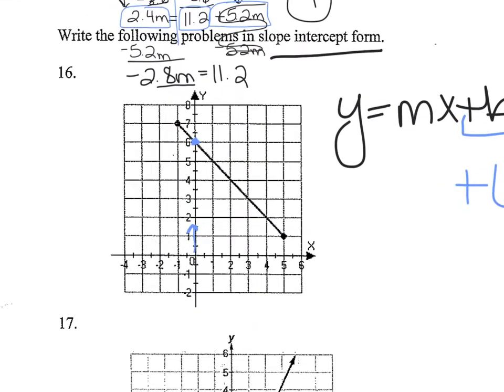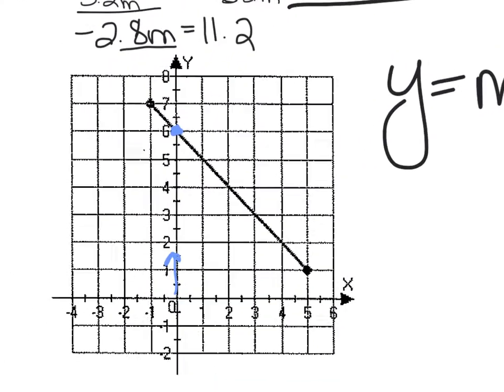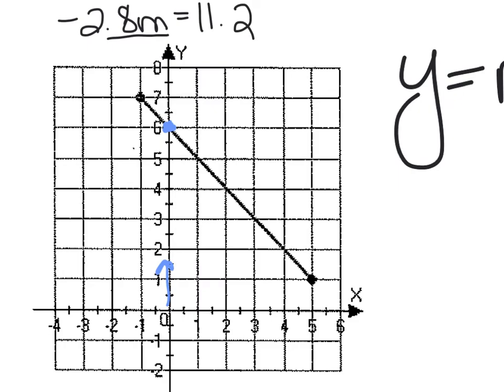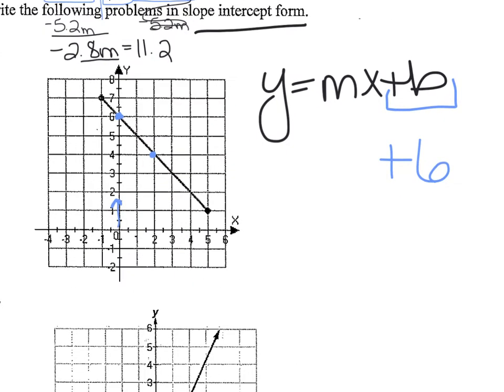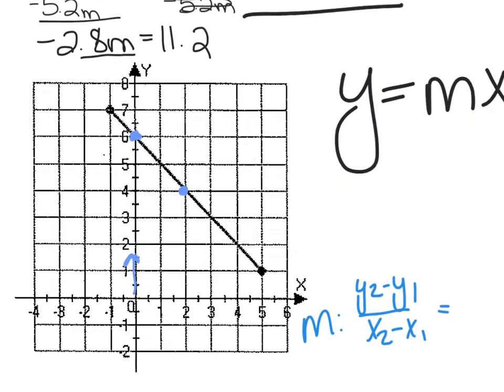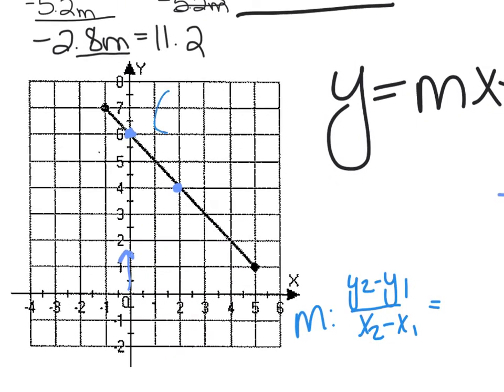So to find the m, we need at least one more point. And I'm going to use this point. Then for the m, the slope, we are going to do our y2 minus y1 over x2 minus x1. So I'm going to use these 2 points. I'm going to use the y-intercept, which was at 0, 6, and this other point I made, which was at 2, 4.